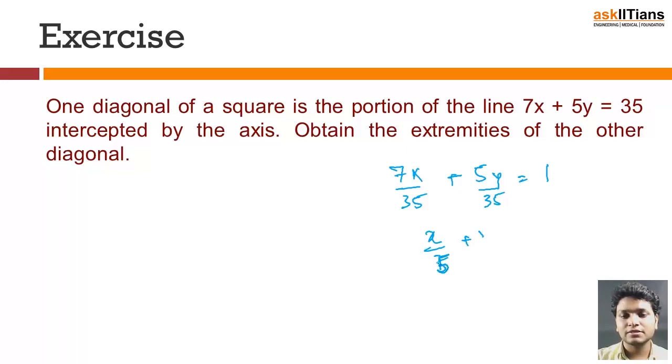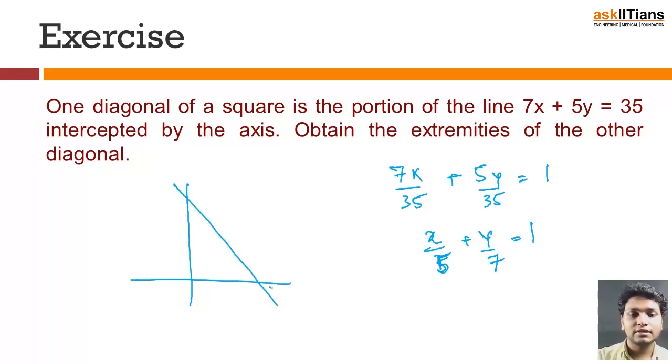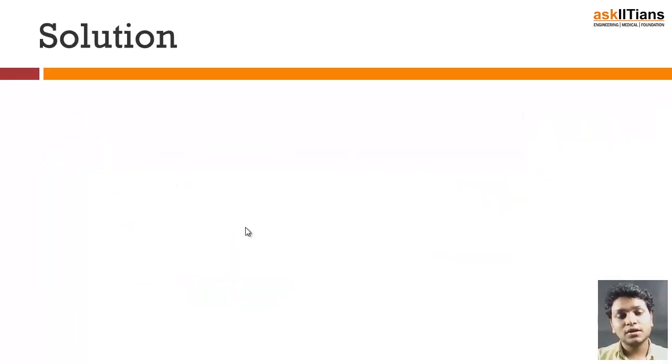So this will be x by 5 plus y by 7 equals 1. The line intersects the x-axis at the point (5, 0) and the y-axis at the point (0, 7). So this line is the diagonal of a square, and we have to find the extremities of the other diagonal.